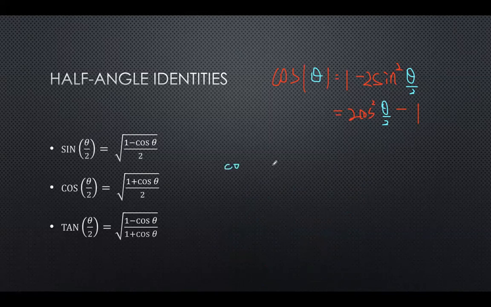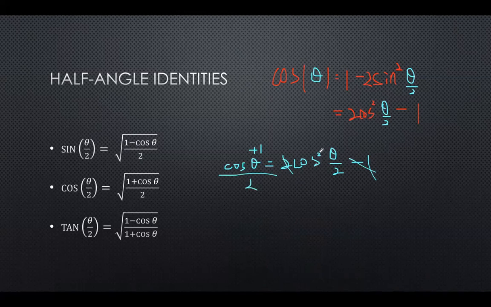Cosine of theta equals 2 cosine square of theta over 2 minus 1. First we add 1 to the left, then we divide by 2 on both sides.